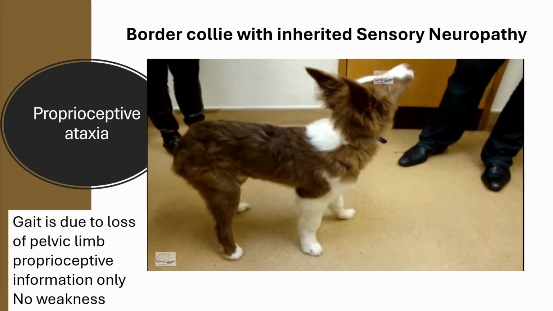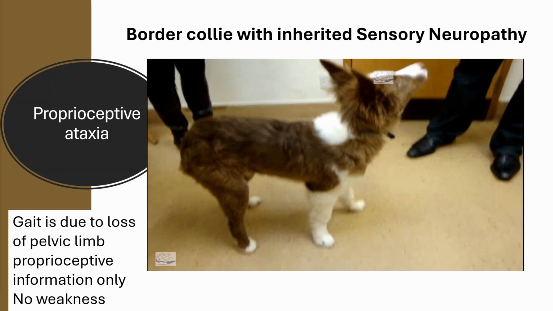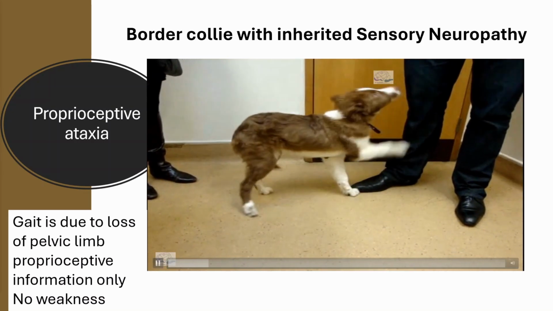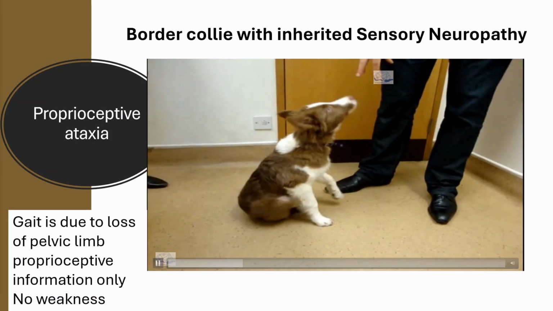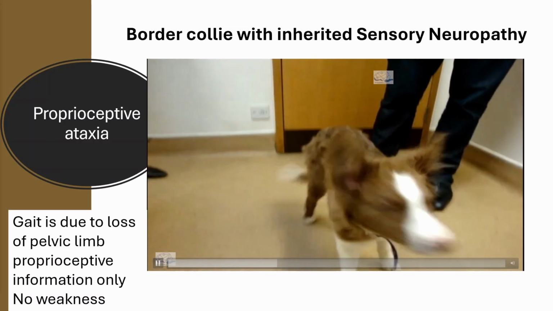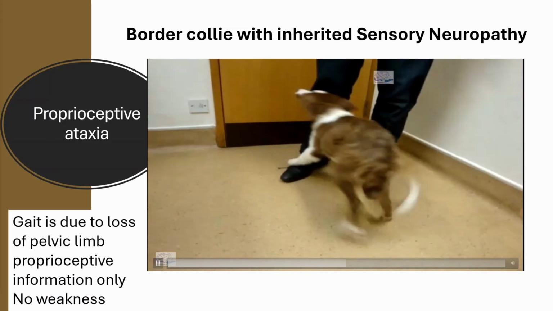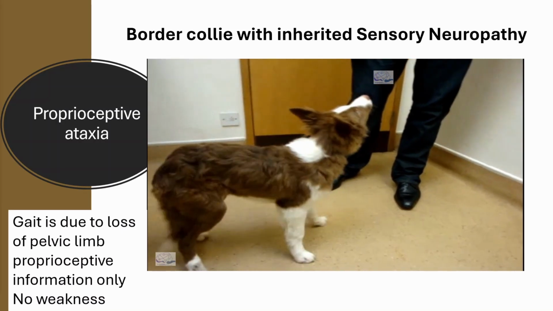So when they're not placed completely underneath the limb properly, that's when the dog is likely to fall. But because this is a sensory neuropathy, the dog actually doesn't have any weakness. So we can just really appreciate that this gait is entirely due to a sensory deficit in this instance.